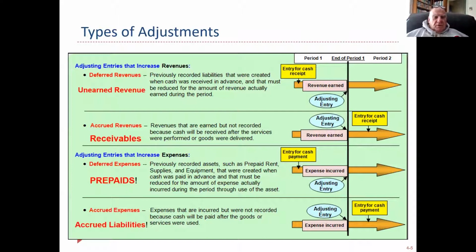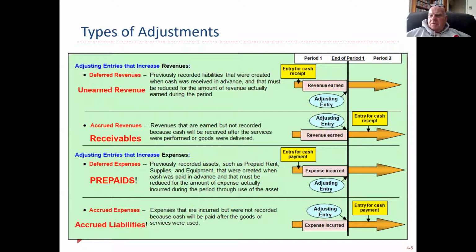Let's talk about accrued revenue, okay? Accrued revenue, they're calling it accrued receivables. This is mainly a situation where we're recording interest income. We loaned money to somebody, and the deal is we loan them $100,000 at 6%, which means they have to pay us interest every year of $6,000.